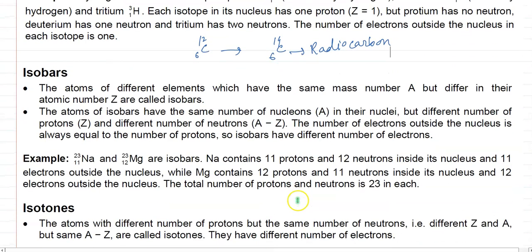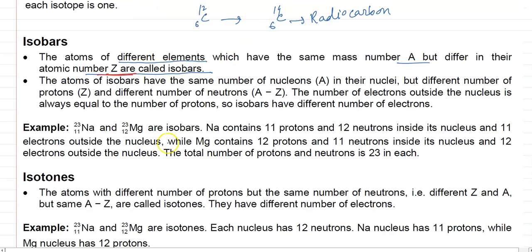Another term is isobar. Isobars are atoms of different elements, because the Z number is different here, with the same mass number but different atomic number Z. So isobars must have different Z numbers, and as the Z number differs, these are different elements, but isotopes are the same element.